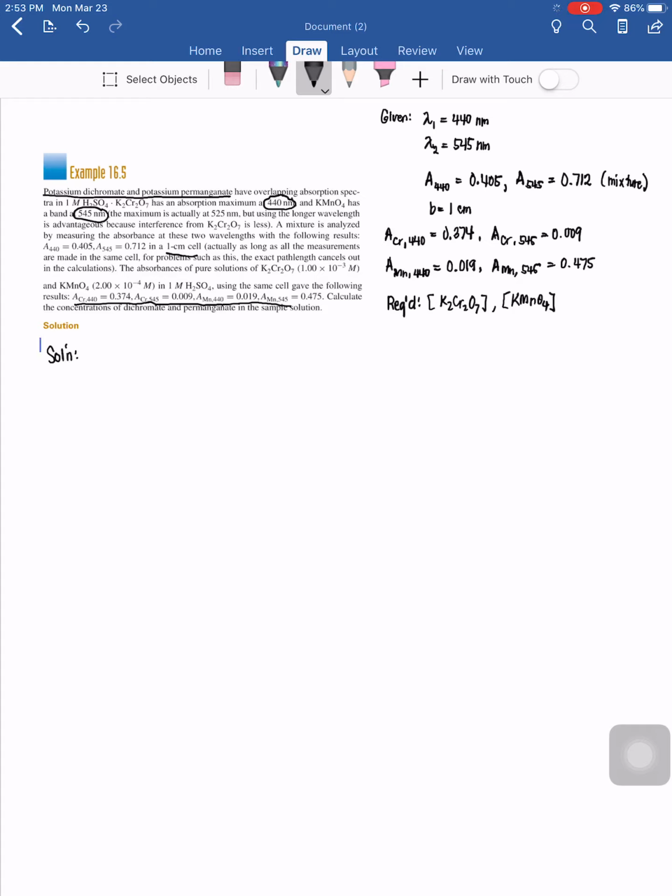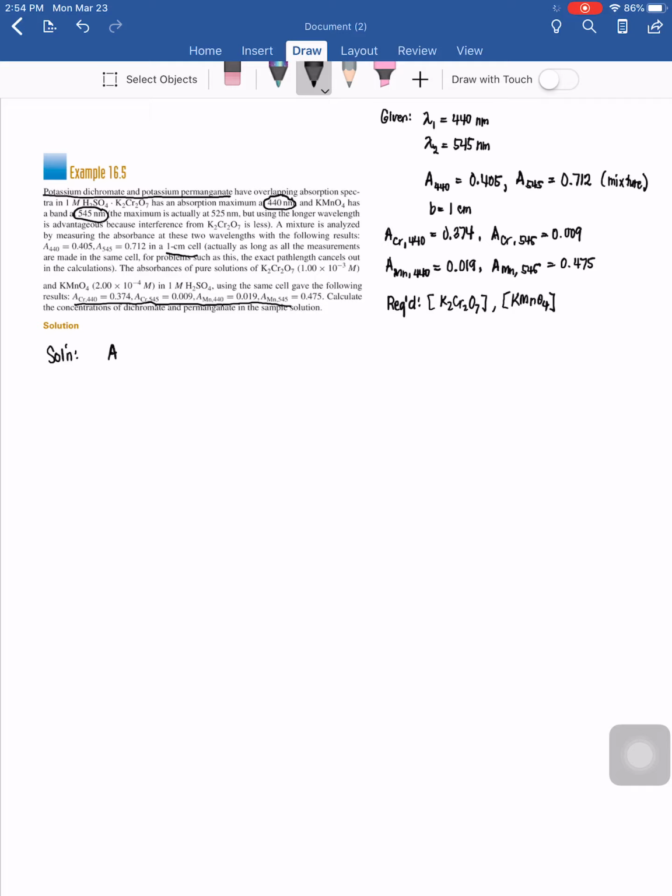Now in this particular problem, we're given the absorbances of the pure solutions. So we have to start off our computation by using these values for the pure solutions.